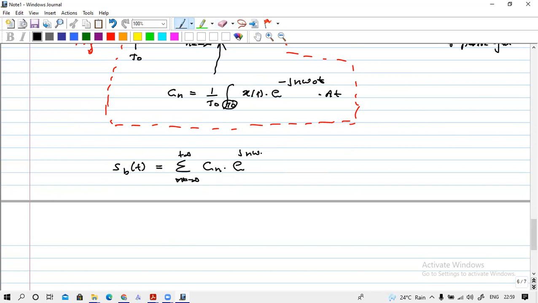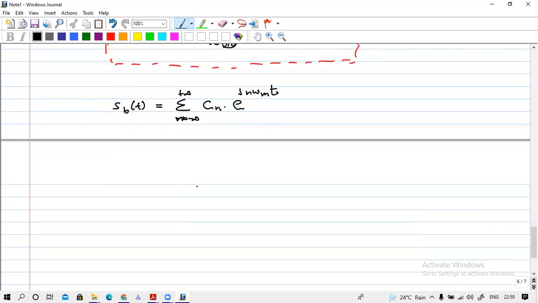Okay, e to the power j n omega m t, and I can evaluate these coefficients using 1 by T integrated within one period.